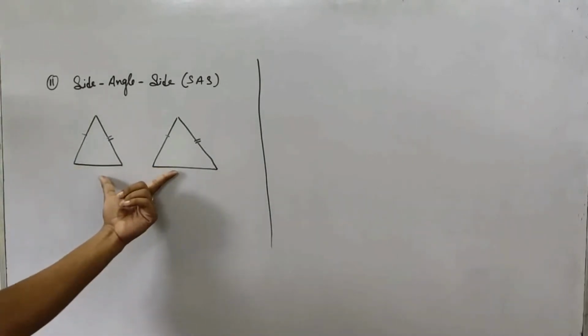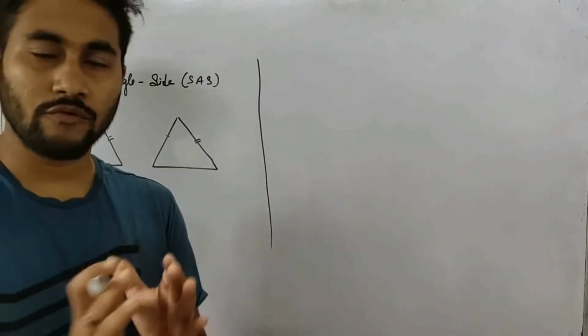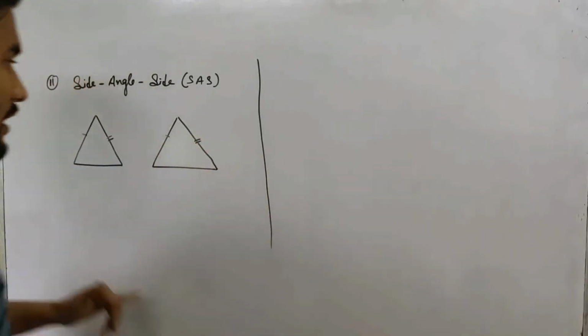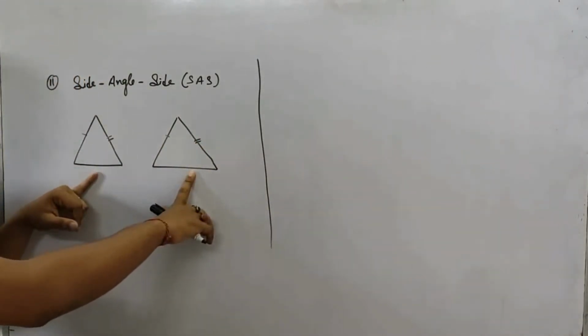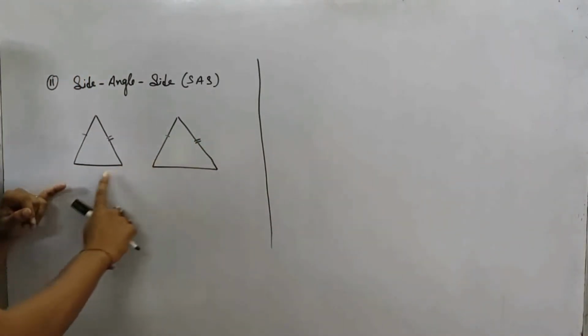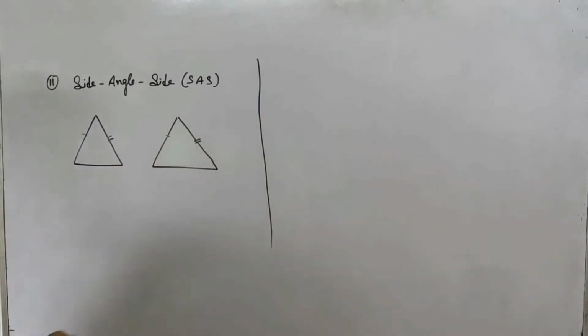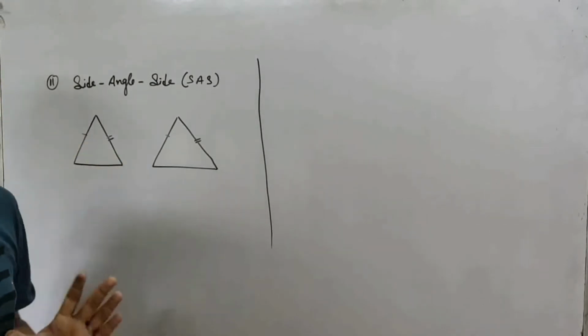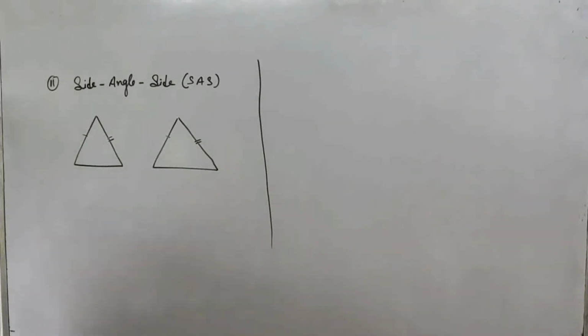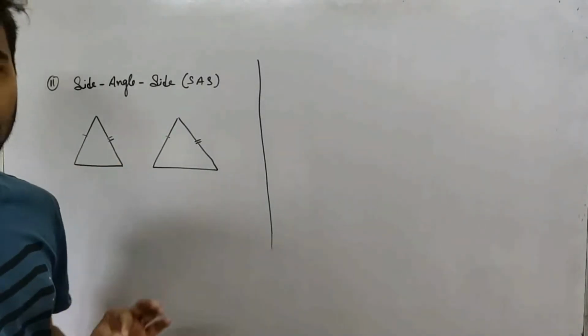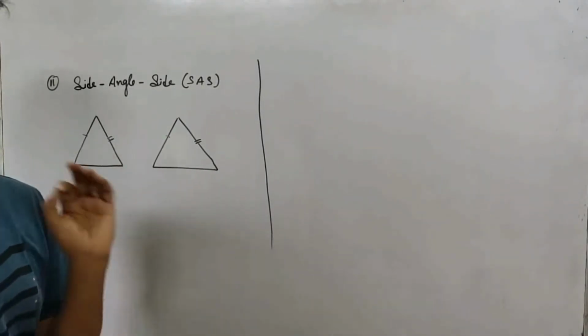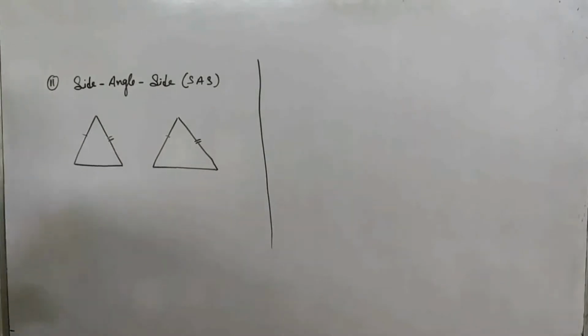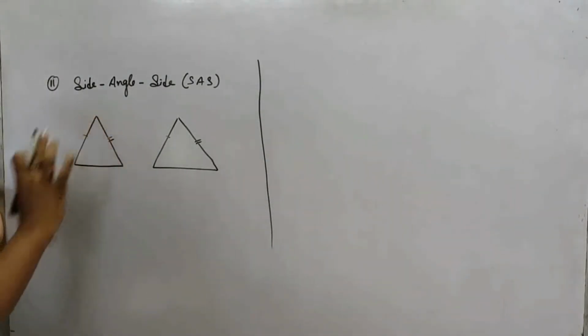But about this third side, say I don't know, so I can't prove it by the SSS property. If I could have proved these two sides also, then it would be SSS. But say I don't know these, then I need one angle to prove it by SAS. Which angle, this angle or this angle?